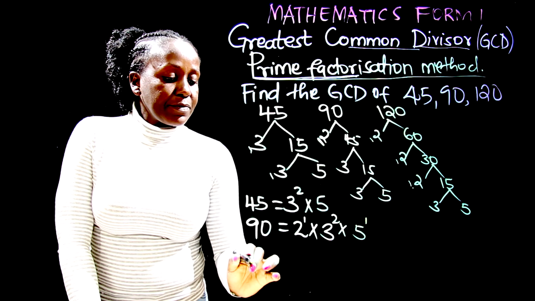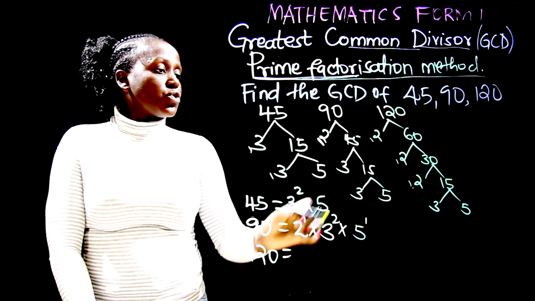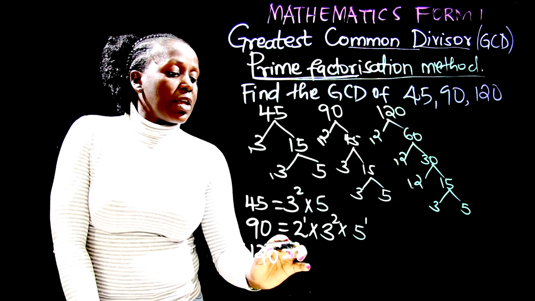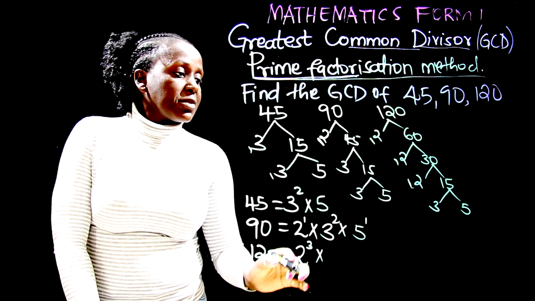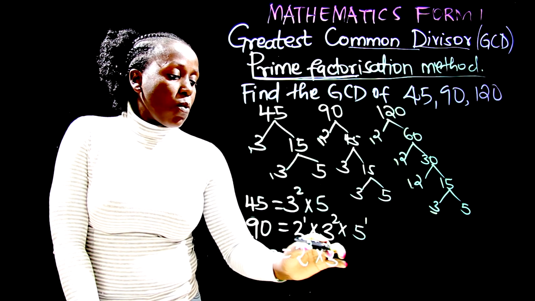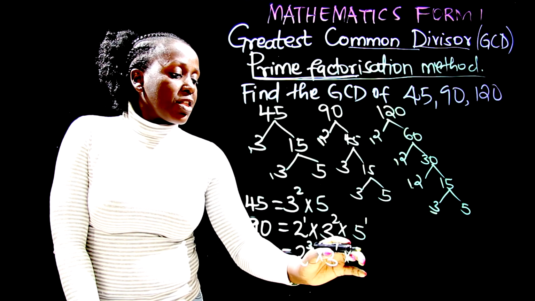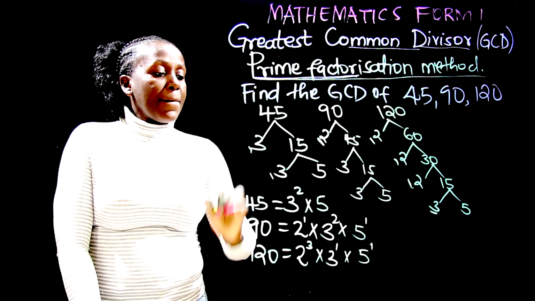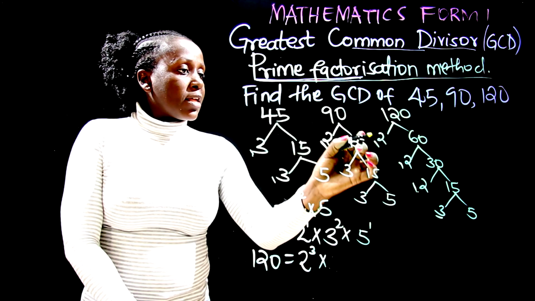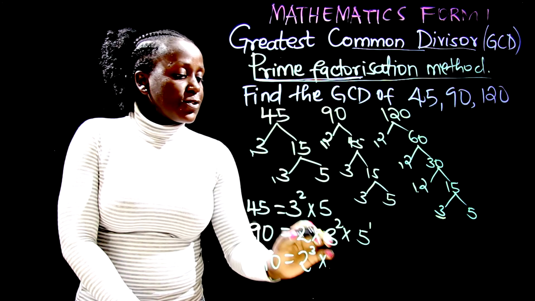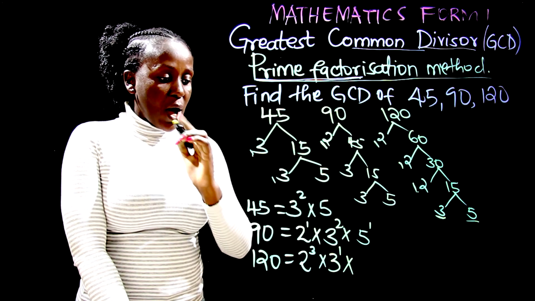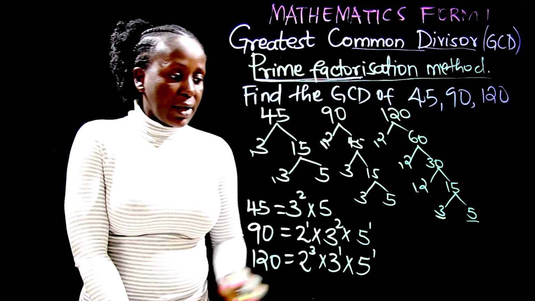Then 120. 120 will be equal to, we have 2 power 1, 2, 3. So 2 power 3 times, we have 3, there's only 1 3, so we have 3 power 1 times 5, there's only 1 5, 5 power 1.